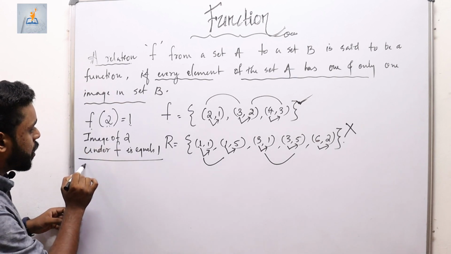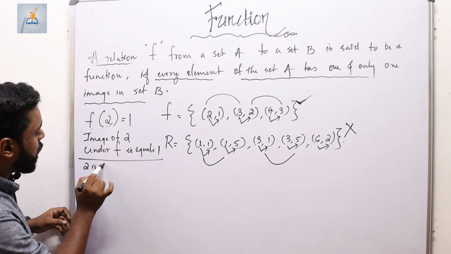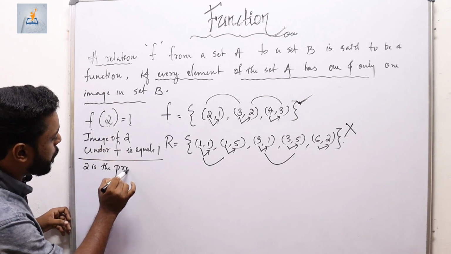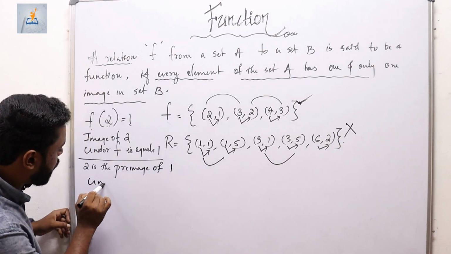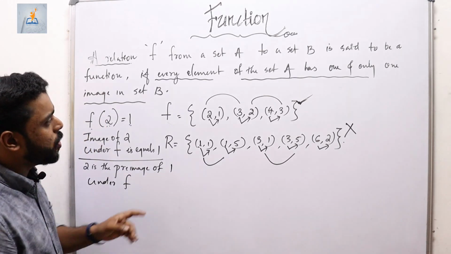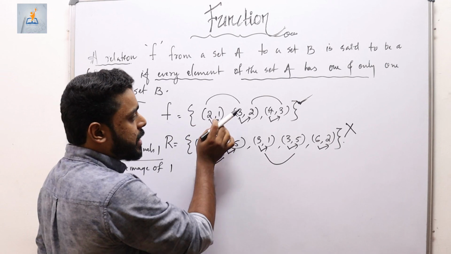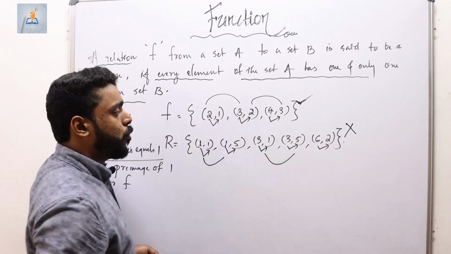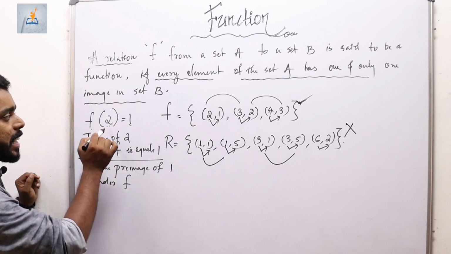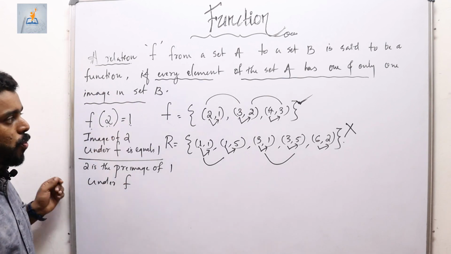What is that? 2 is the pre-image of 1 under f. You can easily look into the ordered pair. Here we can see that 1 is the image of 2, or 2 is the pre-image of 1. That's what this means. We read this as f of 2 is equal to 1.